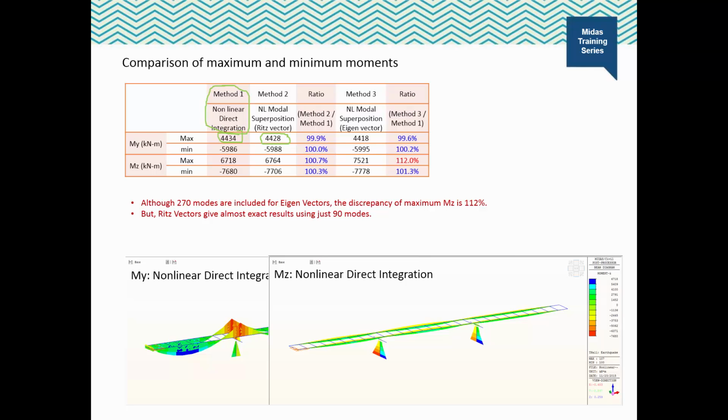And in the third method, which is nonlinear modal superposition using the eigenvector, the accuracy is up to 99.6%, still quite close, and we can say that the results are quite the same.